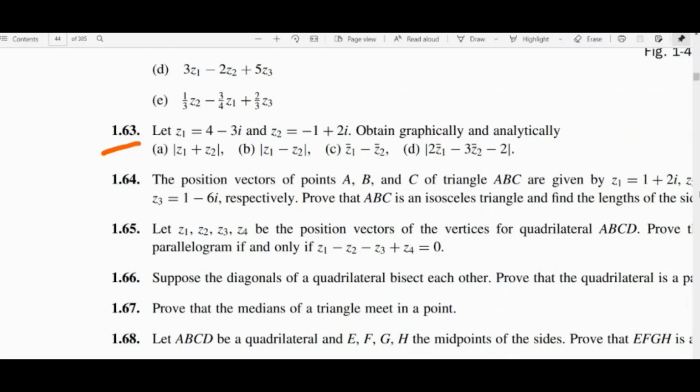So let's solve some problems from here. You can see that z1 equals 4 minus 3i, z2 equals minus 1 plus 2i. That means we have to solve these problems.